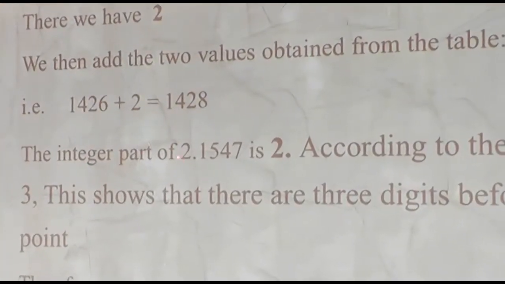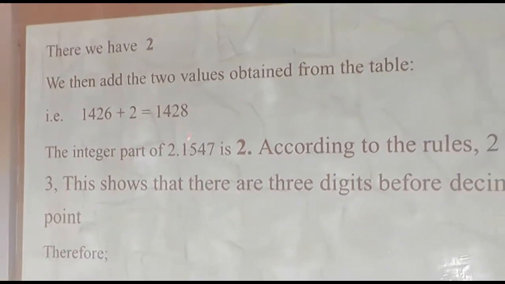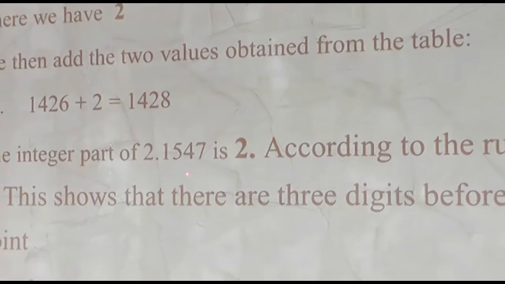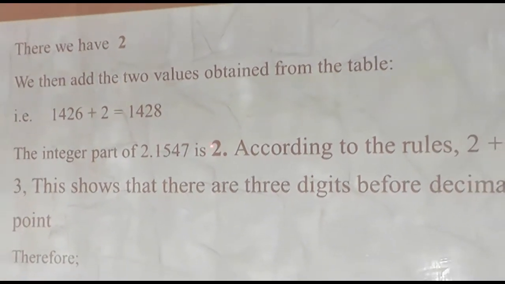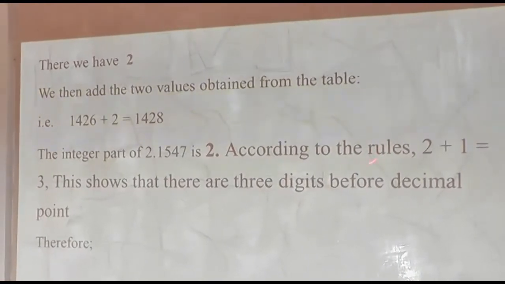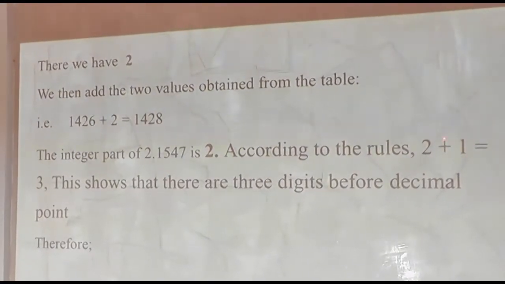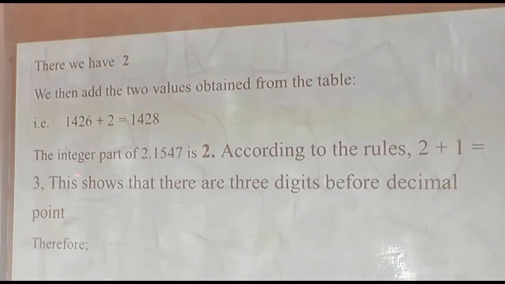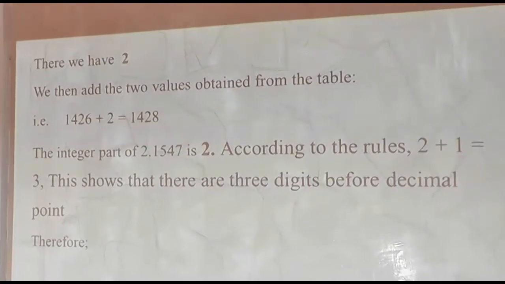Now the integer part of 2.1547, which was the question we had, is 2. According to the rule, we are going to add 1 to it. Then it will help in the placement of our decimal point. Remember, in logarithm, we count the number of digits we have in the integer part and subtract 1.